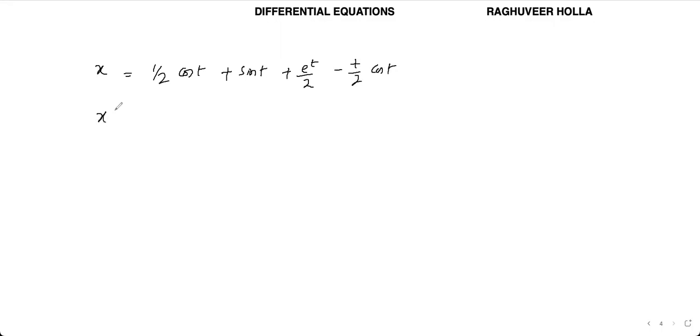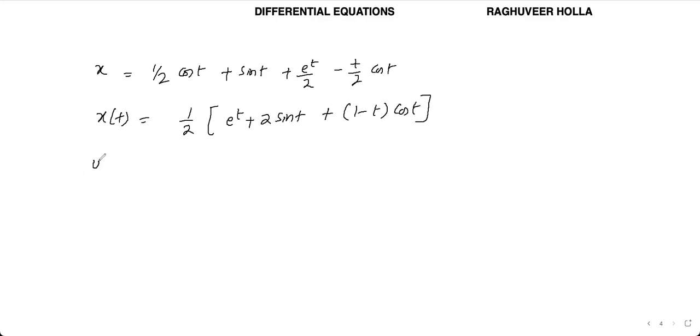Or x of t, if you take half as common, is half of e to the power of t plus 2 sin t plus 1 minus t cos t.